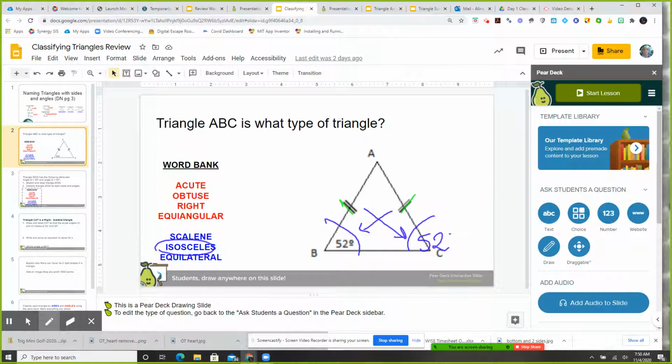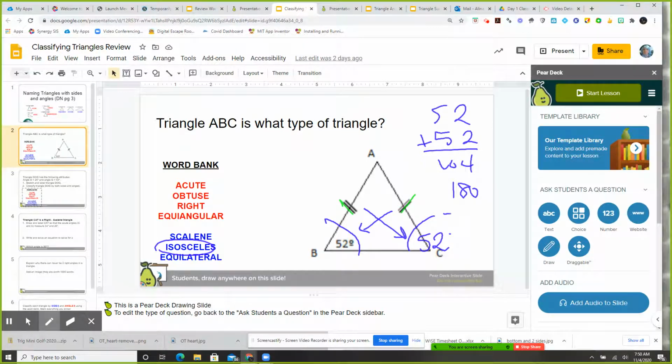Okay. So can I figure out angle A with triangle sum? What should all three of those angles add up to be? 180. So if we do 52 plus 52, we get 104, right? I want you to write this on your slide while I'm writing it on mine.